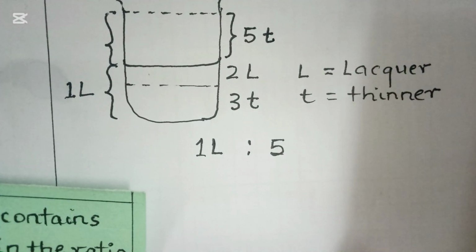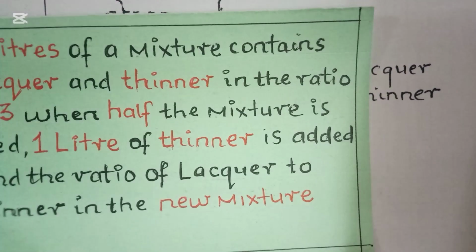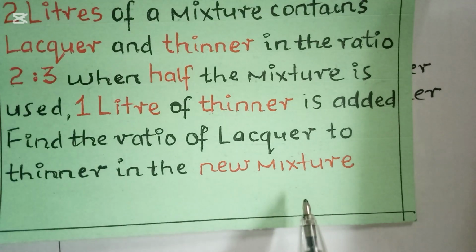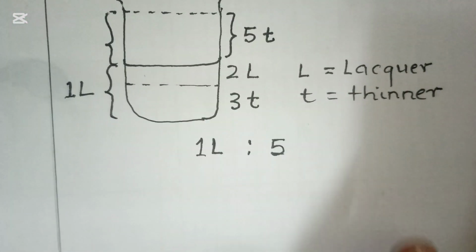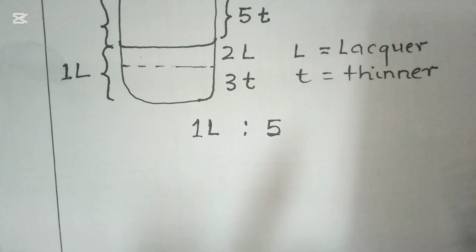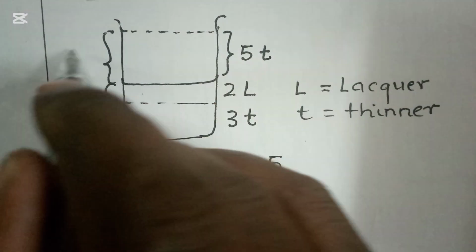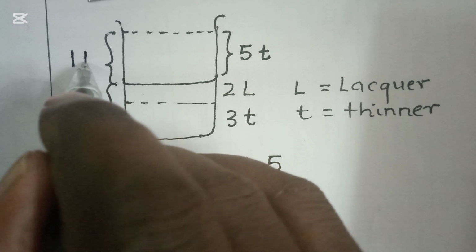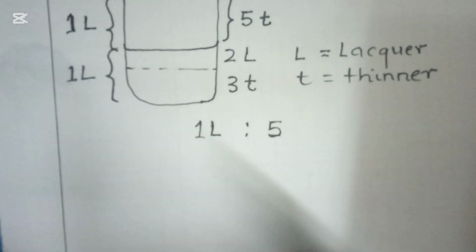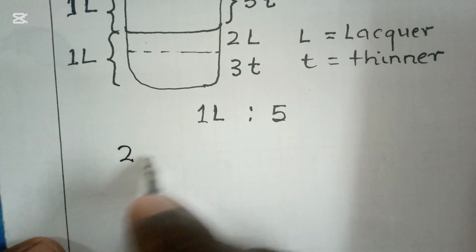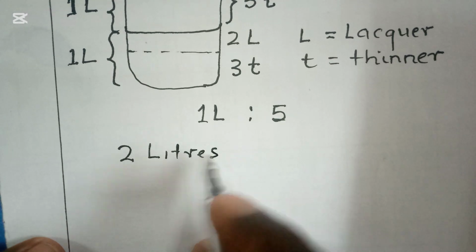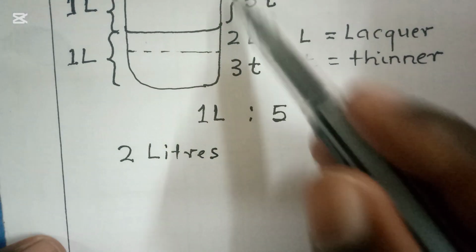So guys, we now come to the question. Find the ratio of liquor to thinner in the new mixture. So guys, now we look for the ratio. And now in looking for the ratio, we have 2 liters. For 2 liters, the total parts are now going to be 10.